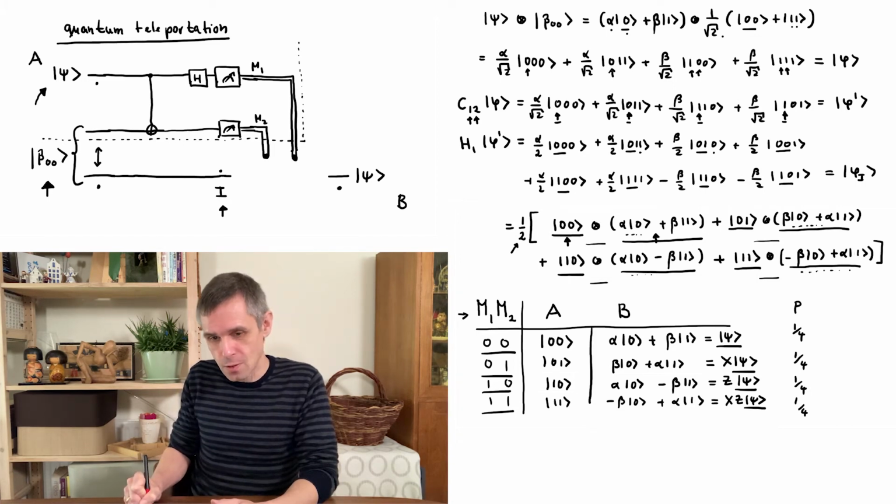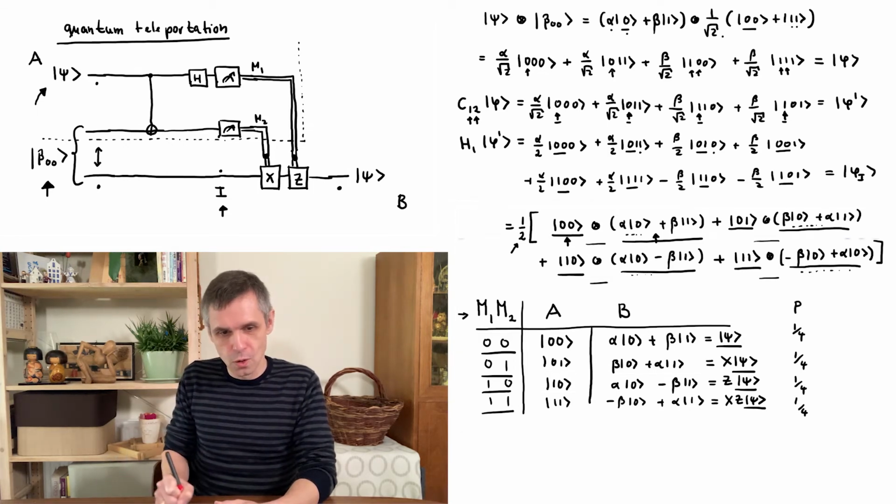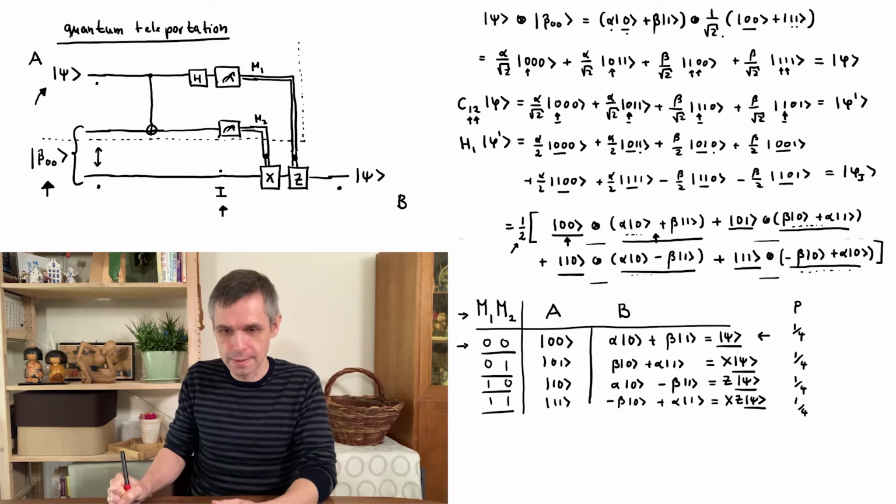And what Bob then needs to do is to implement operations that revert the relation between the state that he has obtained and the state that he desires to have, namely the state psi. And these are simply classically controlled gates, controlled by these values M1 and M2. Namely a Pauli X gate and a Pauli Z gate. Well, let us briefly check that this indeed works. So for the case that the 2 classical bits are 0, the 2 gates are not applied, and then indeed we already have the state psi here.